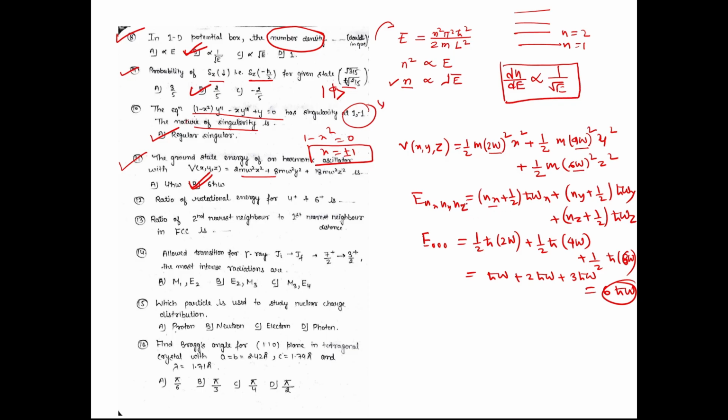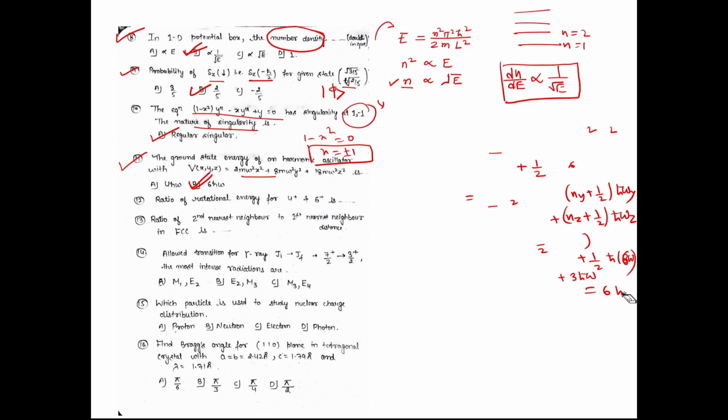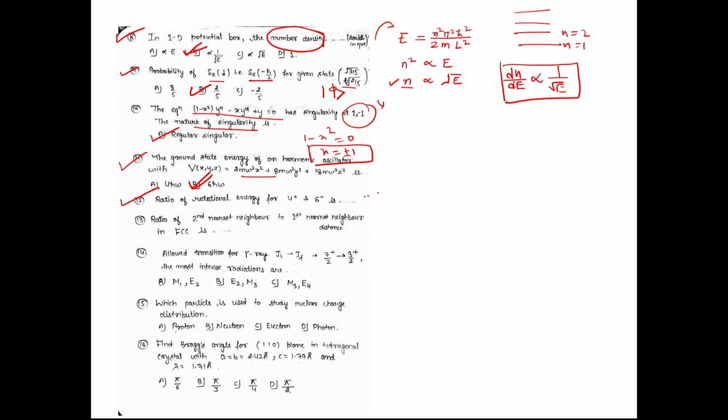So next, the ratio of the rotational energy for the states 4 plus and 6 plus. So for question number 12, we know that the rotational energy is proportional to J into J plus 1.